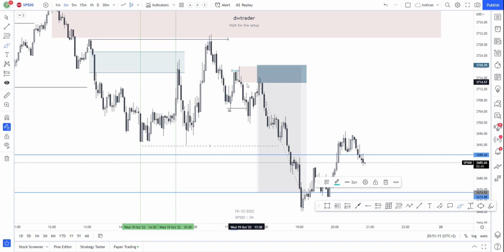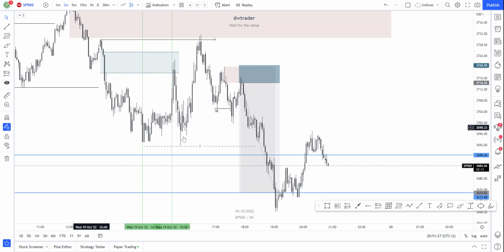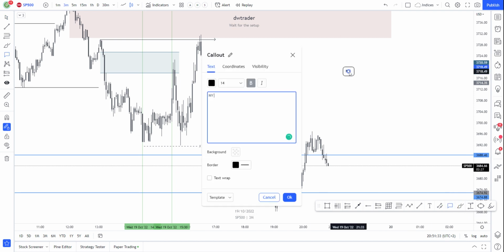Again, we had that little sweep, break of structure strongly with a full body close, another pullback into that 3-minute zone, and then the sell-off towards the downside. A few things that we can note is that it is in our time window, so to say. It is in the New York session, and we had a valid zone.